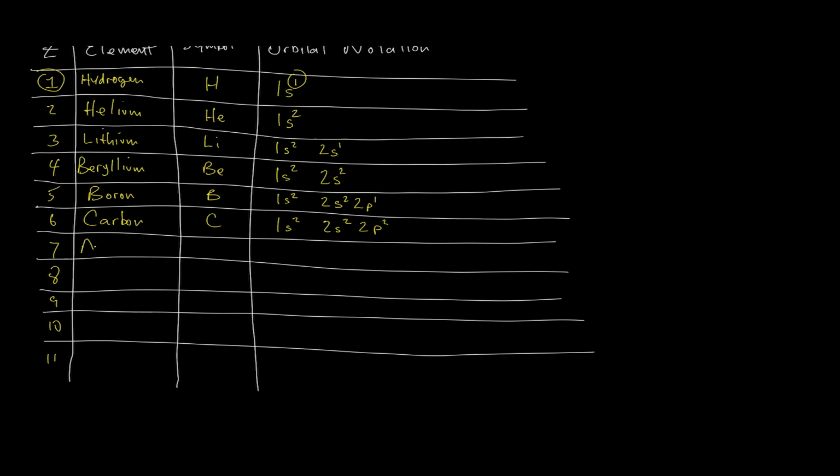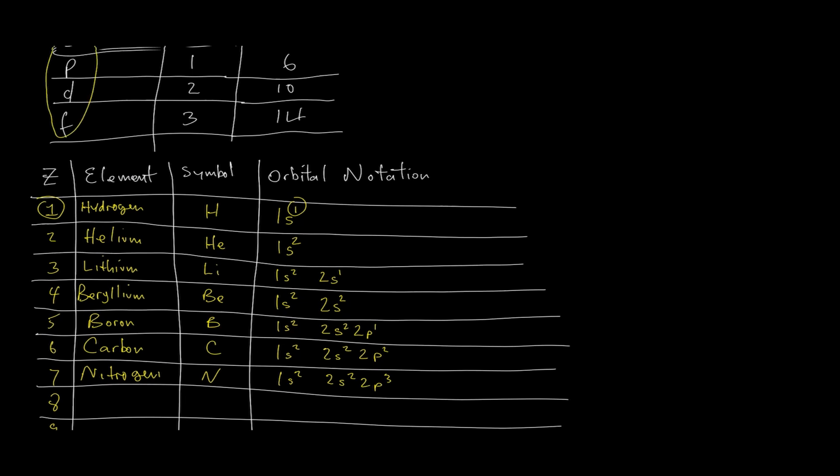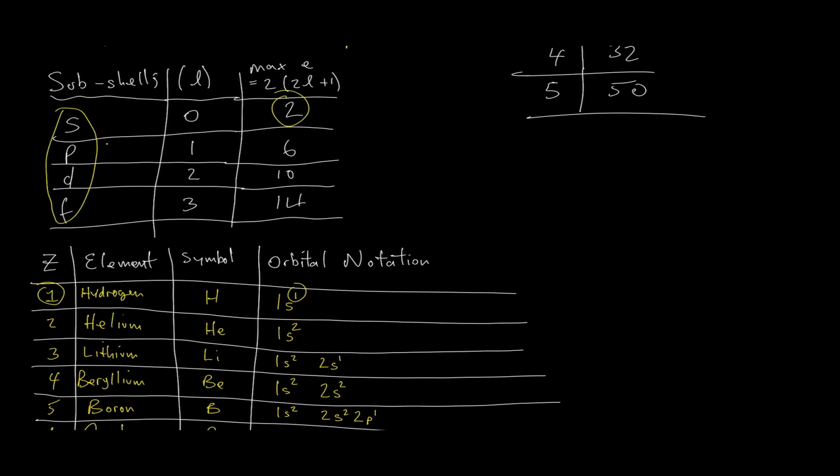Okay, nitrogen. Nitrogen, symbol capital N, 1s squared, 2s squared, 2p to the 3. Remember, the p subshell can go all the way up to 6 if needed.